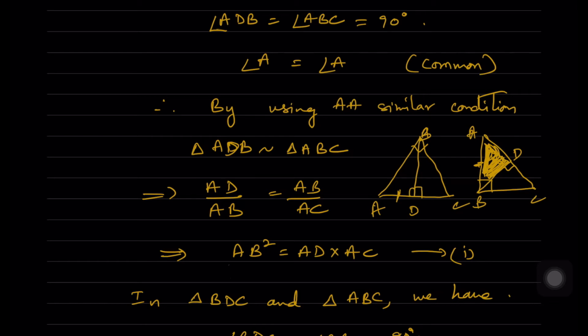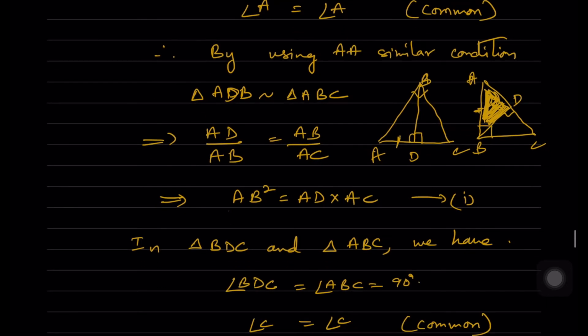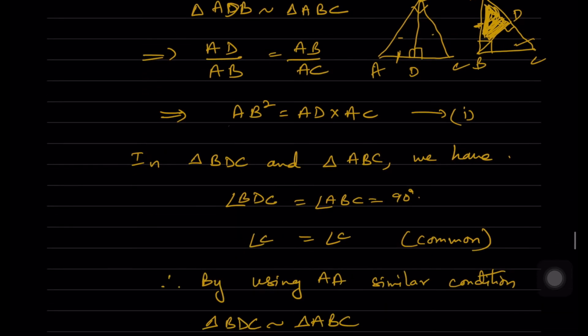So in triangle BDC and triangle ABC, we have angle BDC is equal to angle ABC, which is equal to 90 degrees. If you consider this smaller triangle and the bigger one, you get it again in this way. By using the AA similarity condition, triangle BDC is similar to triangle ABC.